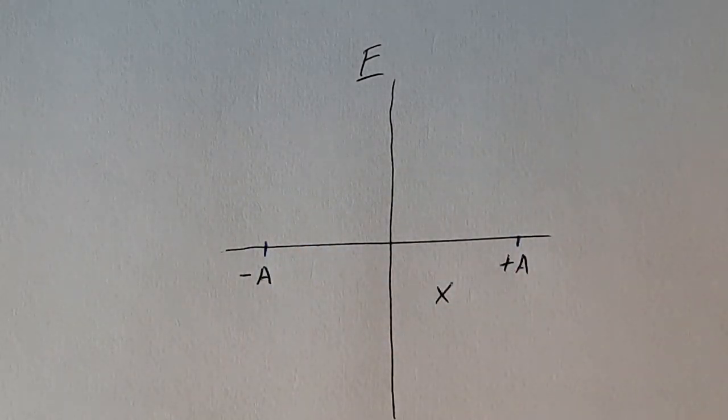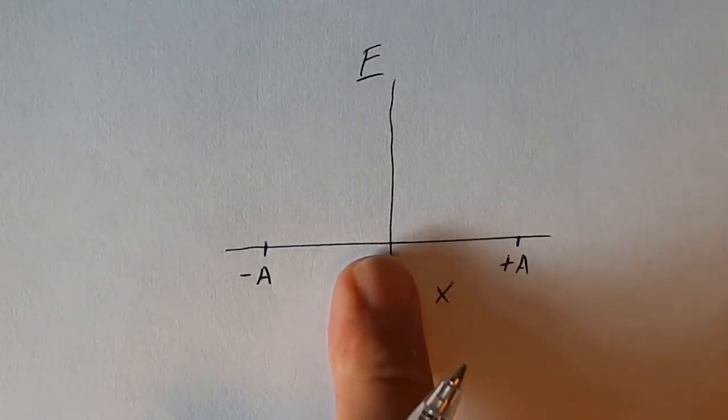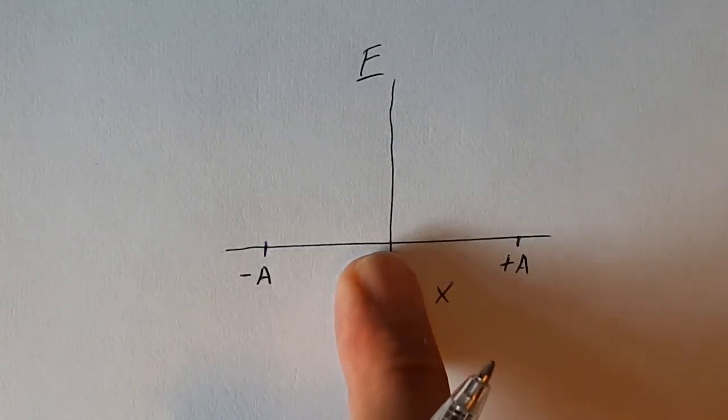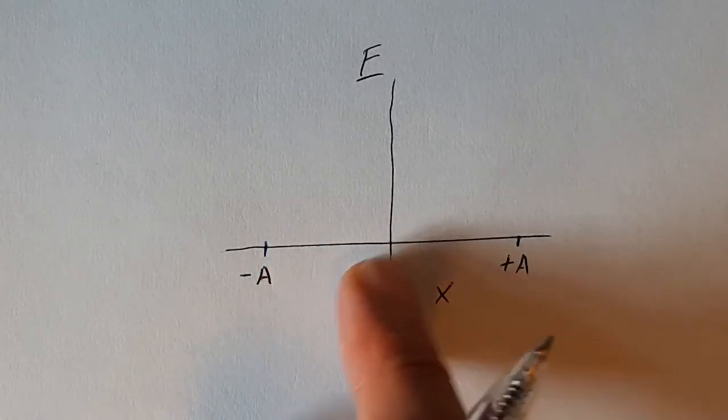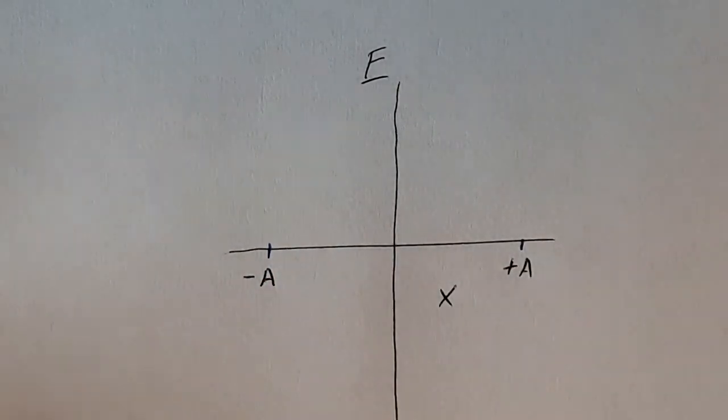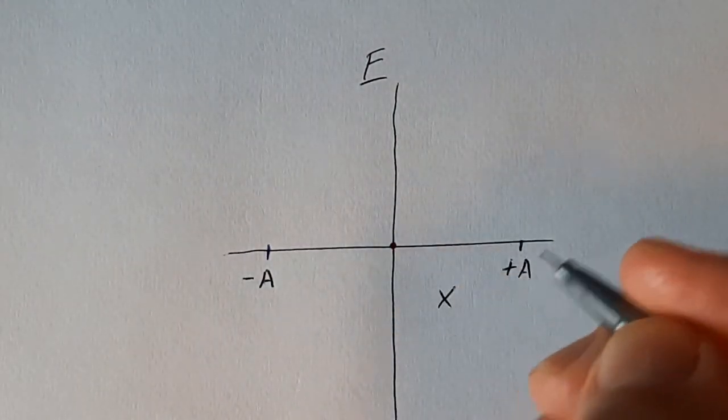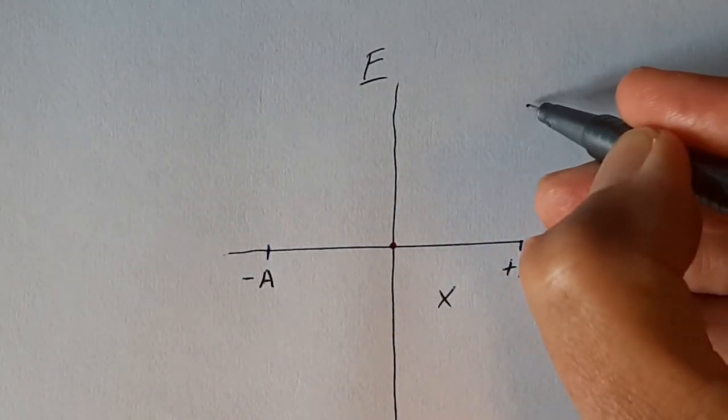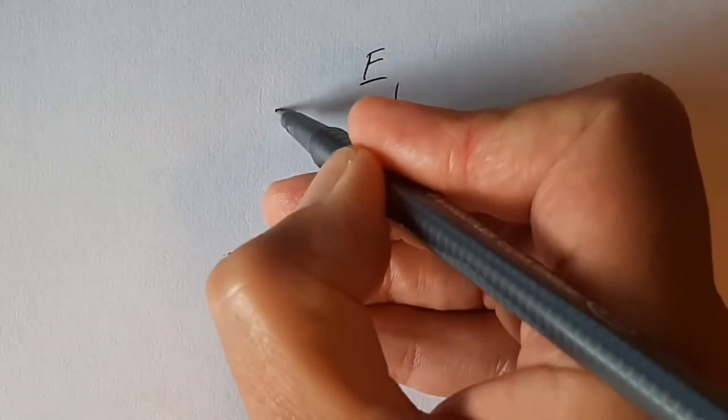We don't consider the energies ever to be negative, and by convention, we consider the amount of potential energy stored to be zero in the middle. As so often is the case with potential energy, that's arbitrary. Okay, so that's there, that's there, that's there.